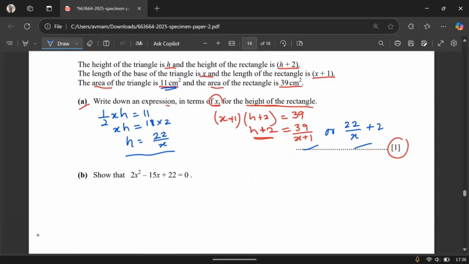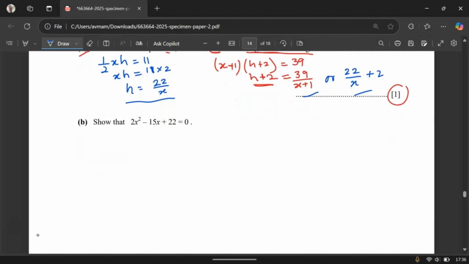The reason why I have solved for both rectangle and triangle is because we will be using it in our part B. So it says show that 2x square minus 15x plus 22 equal to 0. Let us set up our equation like 22 over x plus 2 is equal to 39 over x plus 1. They must be equal because both of them are expressions for the height of the rectangle.